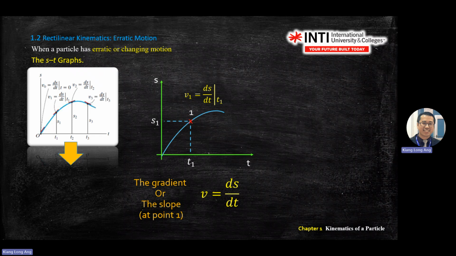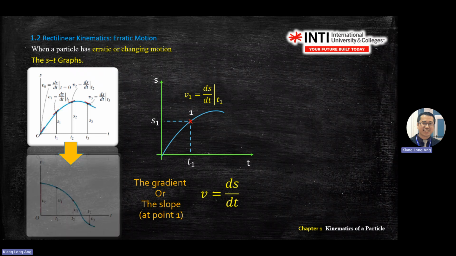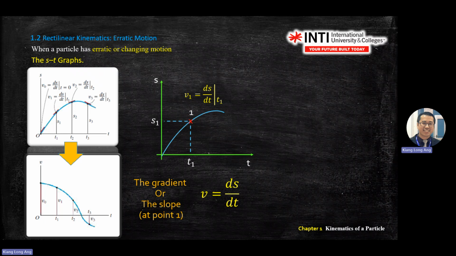We can plot every point on this s versus t graph. For point number 1, you do ds/dt and you get the first point. Then you find the other points, and you can convert the s versus t graph to a v versus t graph. Make sense?